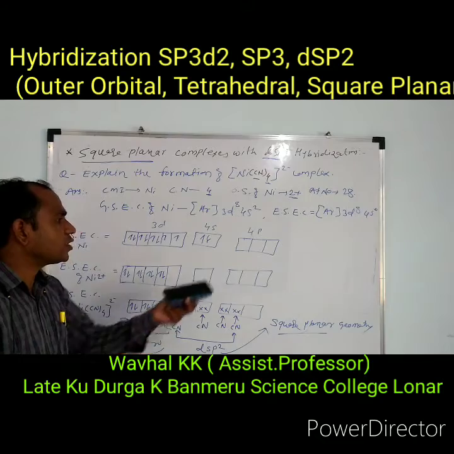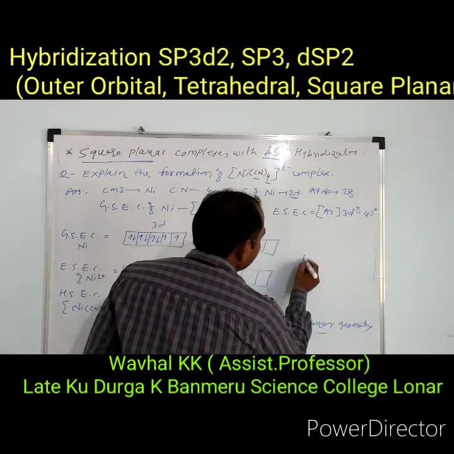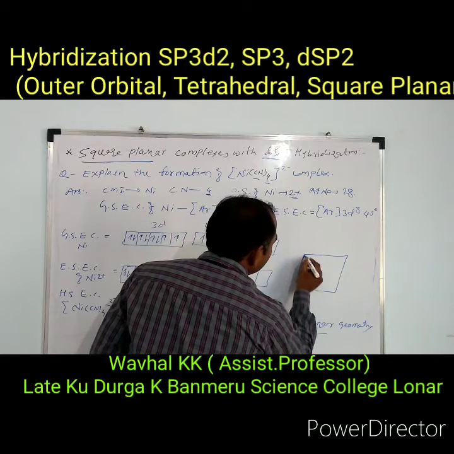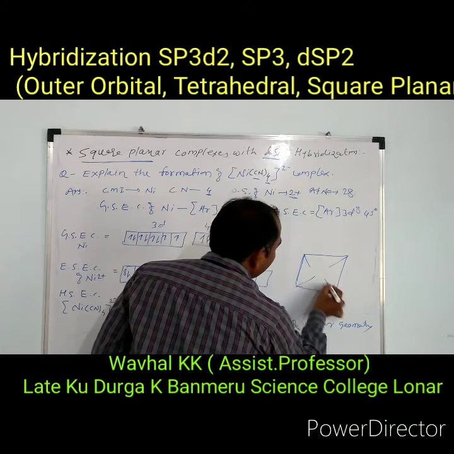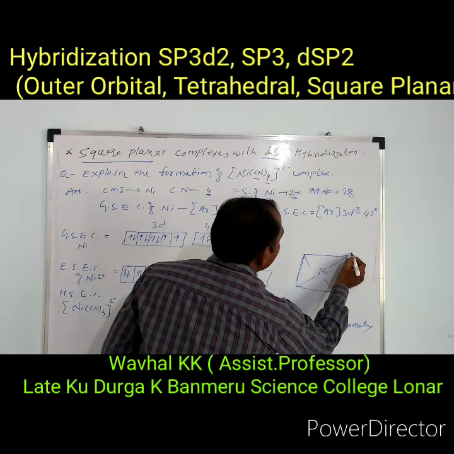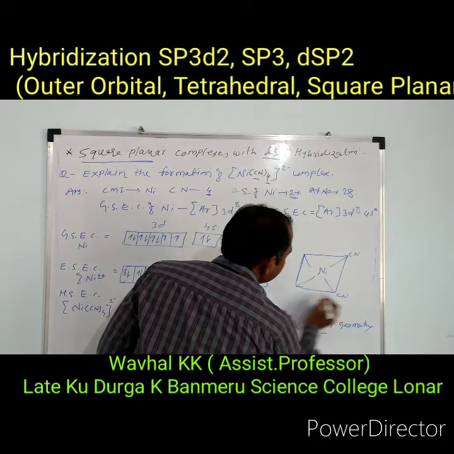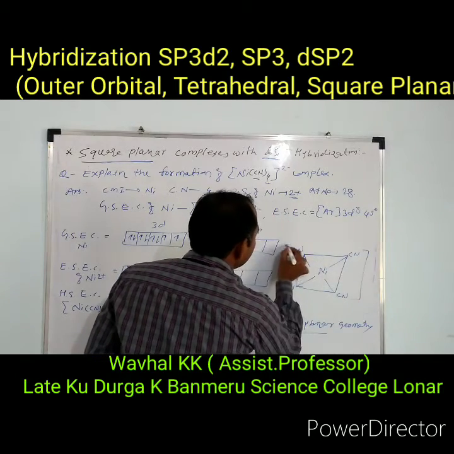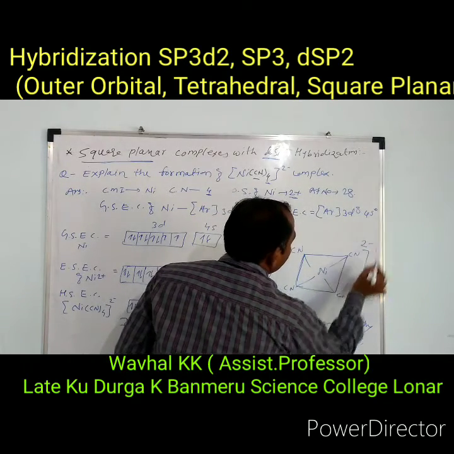And lastly, the structure of the complex: square planar complexes show this type of structure, with the nickel atom in the middle and CN, CN, CN, CN around it. This is the square planar geometry, dinegative.